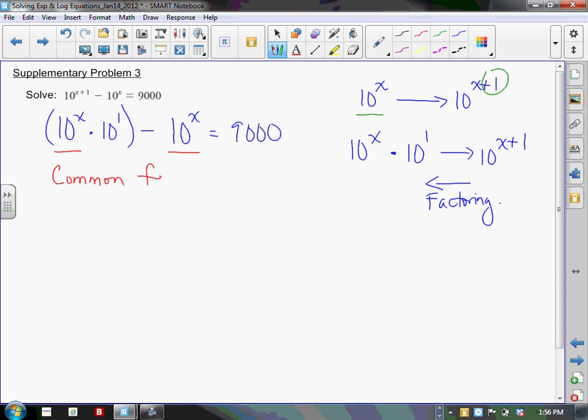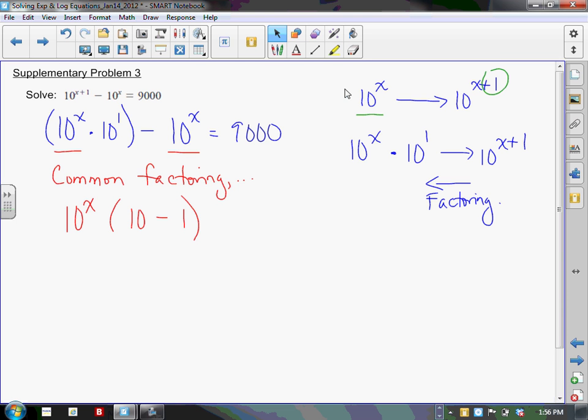So let's do some common factoring. Let's pull out 10 to the x, and we're left with 10 minus 1. Okay, you can see that here, the 10, of course, that's 10 being here, and the minus 1, of course, is going to come out of this term when we divide it by 10 to the x.